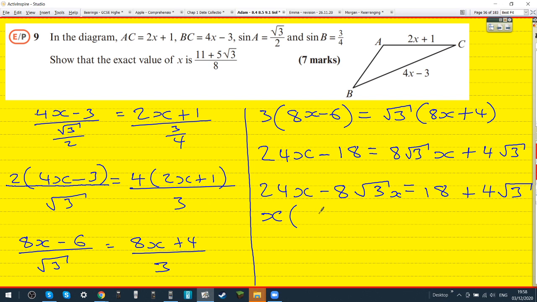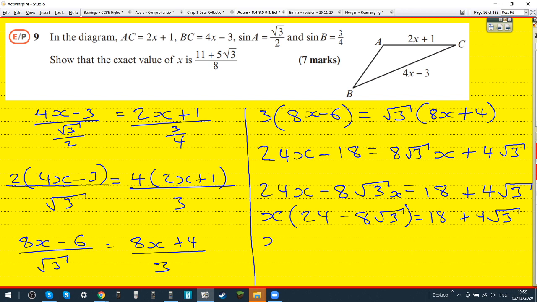So it'll be x times (24 minus 8 root 3) equals 18 plus 4 root 3.